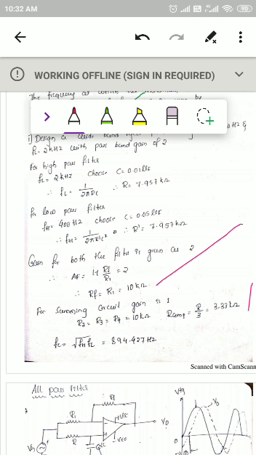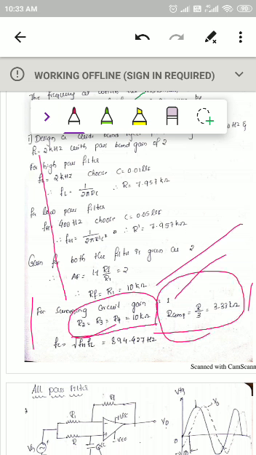Okay, this is for the low pass and high pass filters. Now for the summing circuit, the gain is 1, as already said while explaining that. So all the resistances should be equal, so just take them as 10 kilo ohm. R composite is equal to 10 divided by 3, which is equal to 3.3.